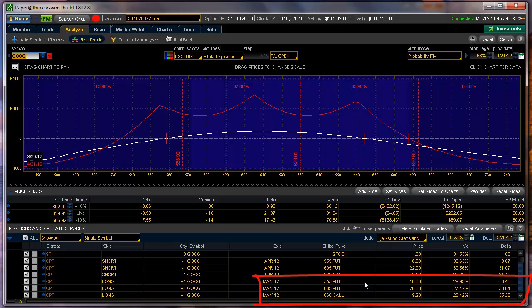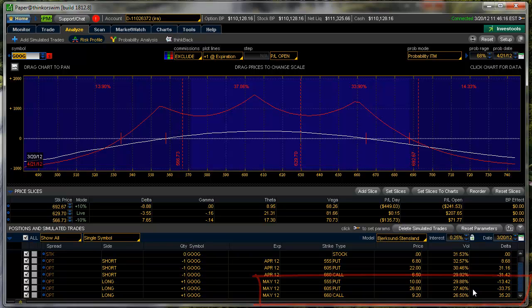So that's where the danger comes in, in these May options, if volatility collapses. Which is why you're usually always looking for higher volatility in the back month on a calendar. But that wasn't a criteria for my choice here for doing this Google trade.